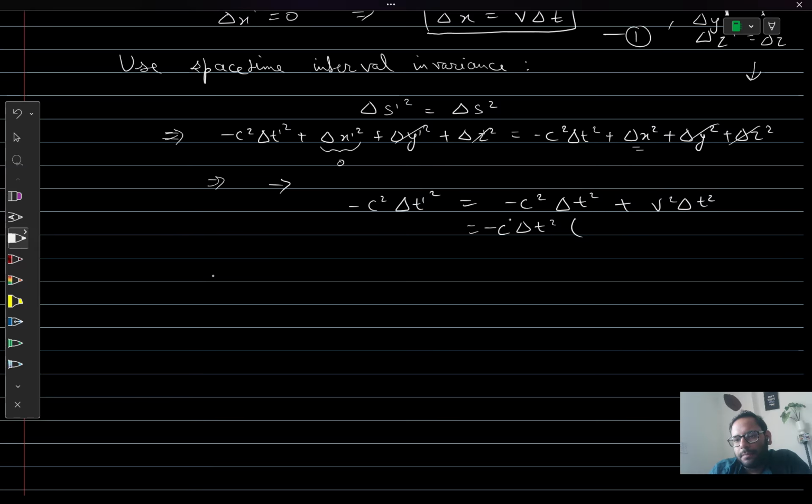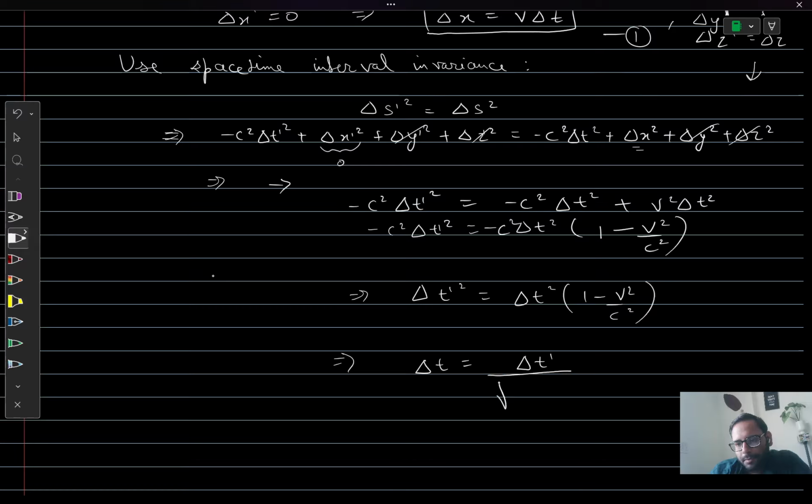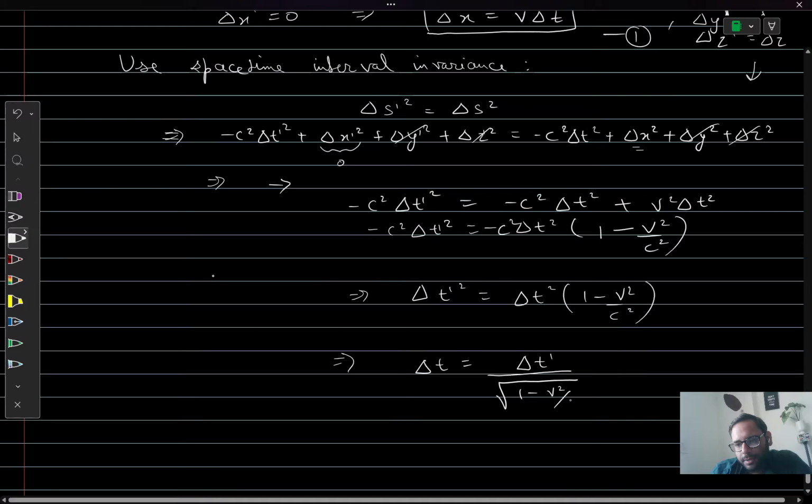You take this common, and you will get this thing, as del t squared. And from this you get del t is equal to del t prime upon 1 minus v squared by c squared.